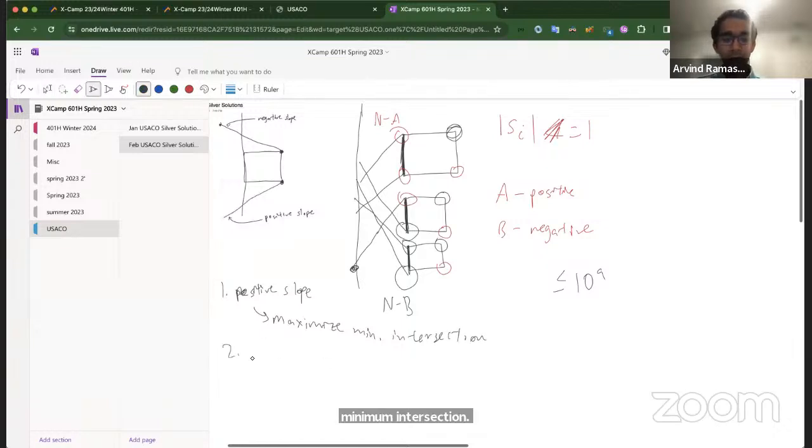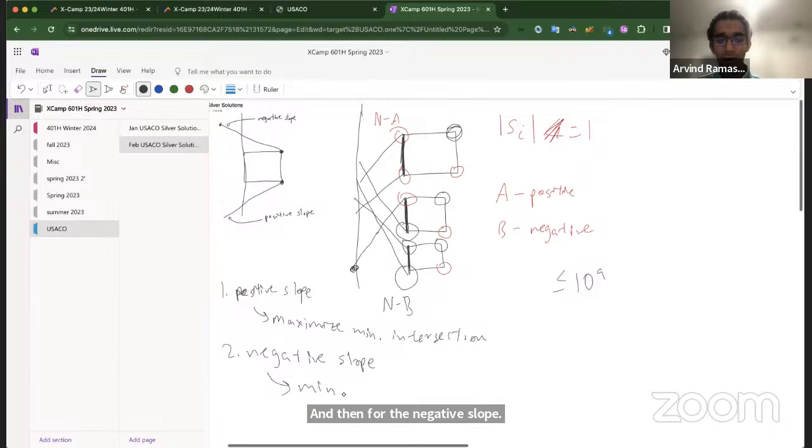And then for the negative slope, you want to minimize the max intersection.